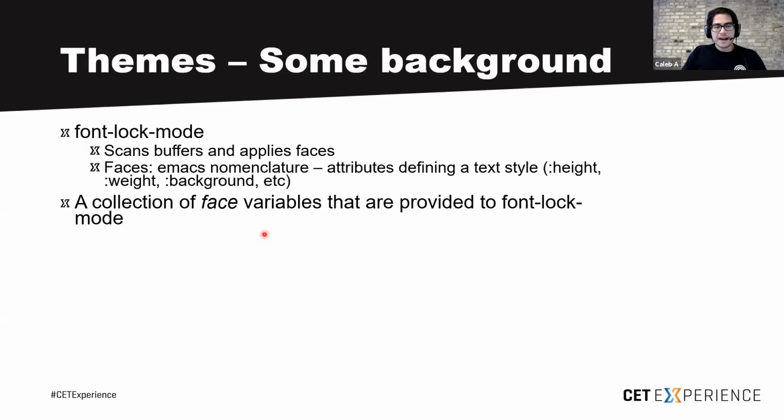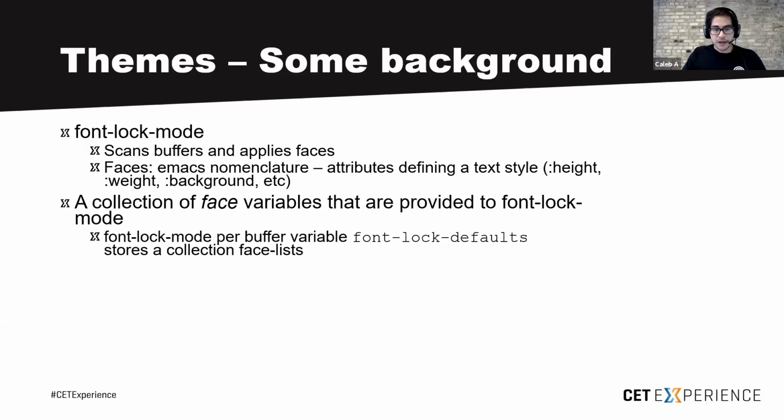So the patterns that I talked about a little bit earlier, those are actually provided by the major mode. You can define patterns yourself, but eLisp regex would definitely eat up way too much time, in my opinion. So we're just going to assume that the patterns are already well defined for us within our major modes.